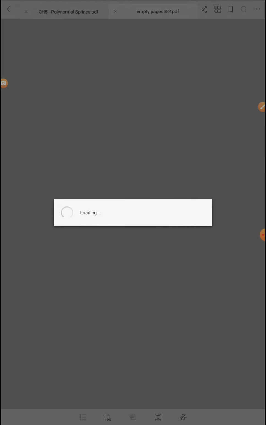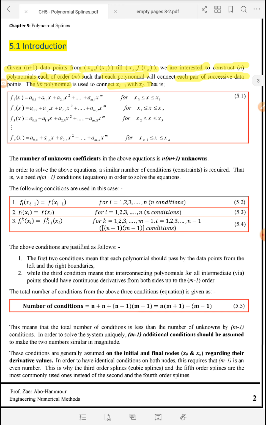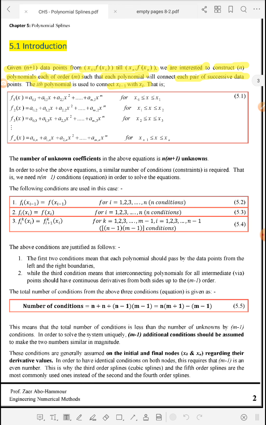So let us go back to the original chapter. As I mentioned, the ith polynomial connects xi minus 1 with xi. According to equation 5.1, we have n polynomials, and each of those polynomials is mth order.